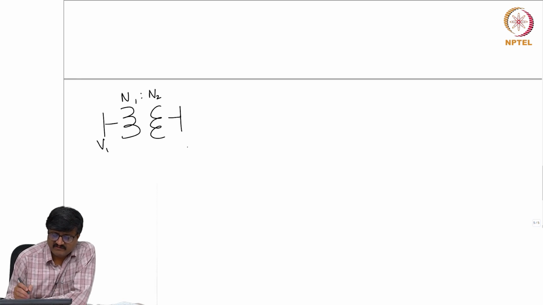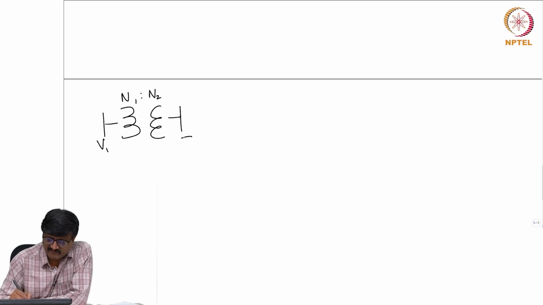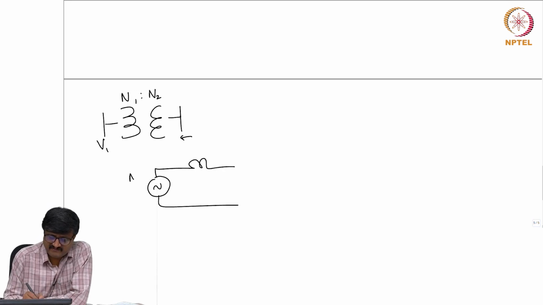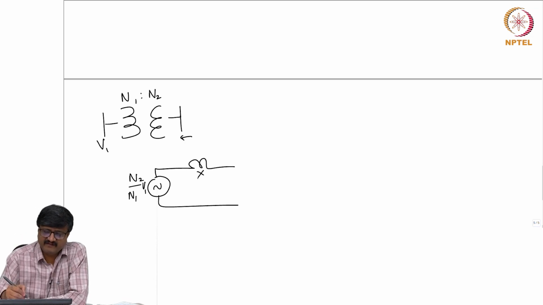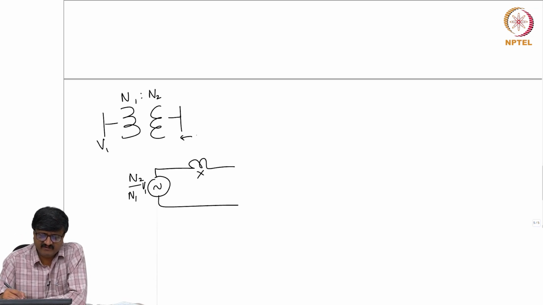When you look from this side, it is a voltage source in series with a reactance, which is N2 by N1 times V1, and a reactance.